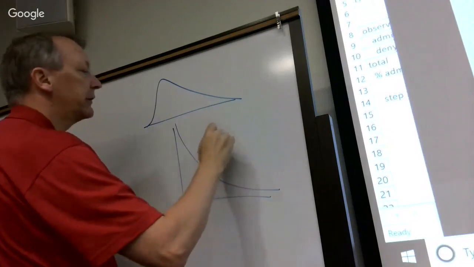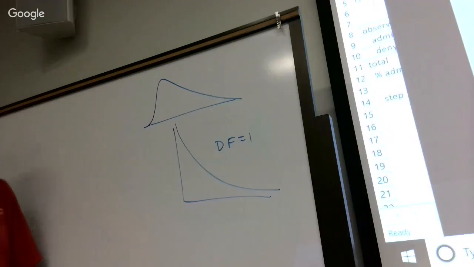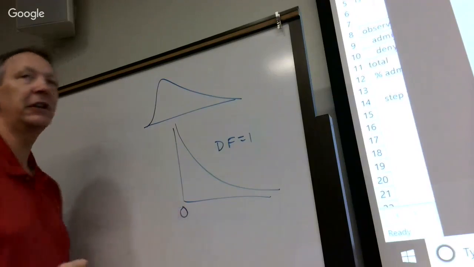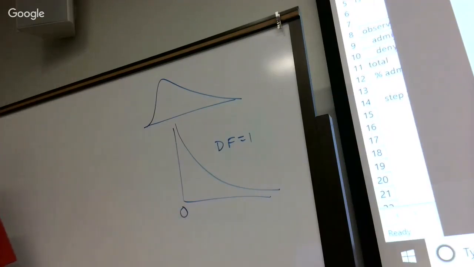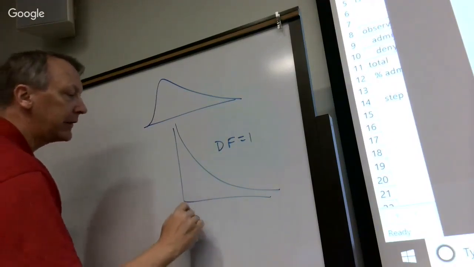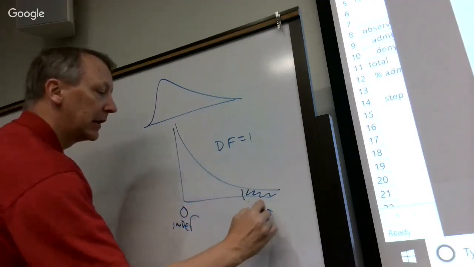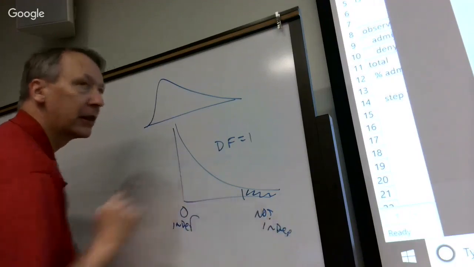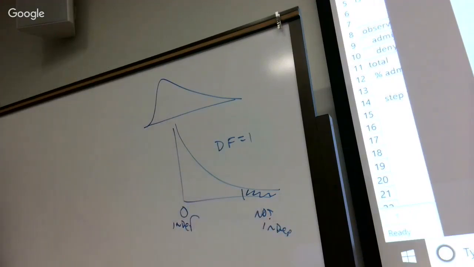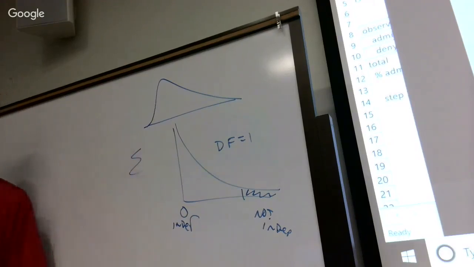Because we've got degrees of freedom equal to 1. Now, if I get a sum close to 0, what does that indicate? That it would be independent, right? And if I get a value out here, that would indicate that it's not independent, right? And remember, when we're doing this, we're talking about a sum, right?